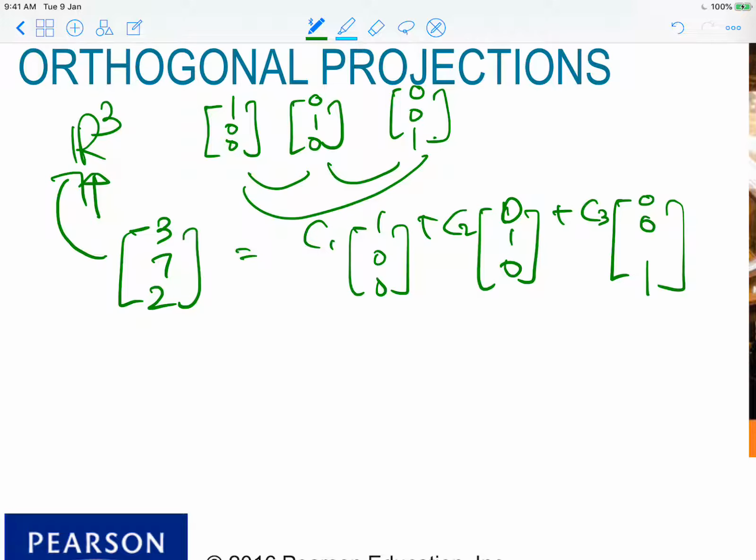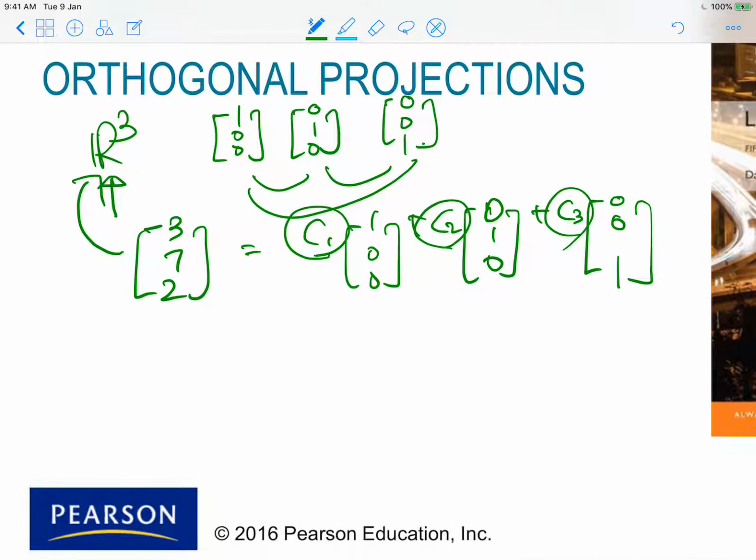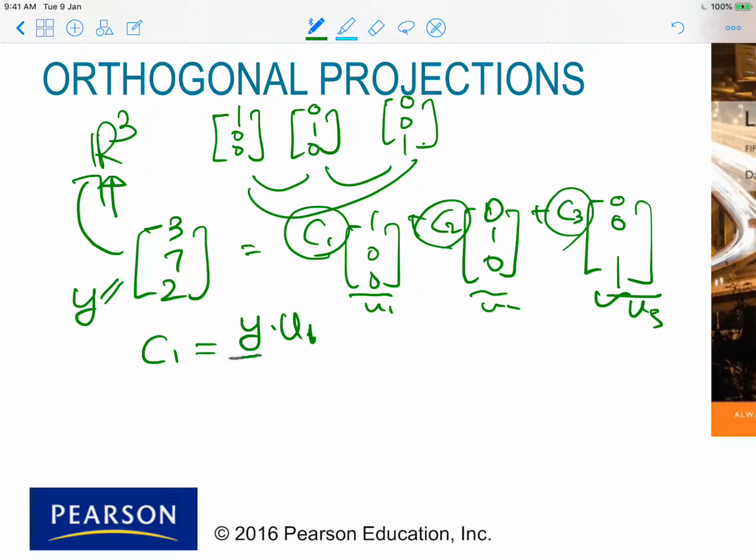Although it's quite a too simple problem, one thing that we have to consider is, if you remember the formula of obtaining this C1, let's call this Y, and these are U1, U2, and U3, and it is Y dot U1 over U1 dot U1, right?